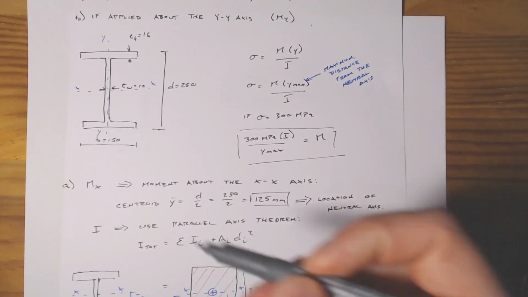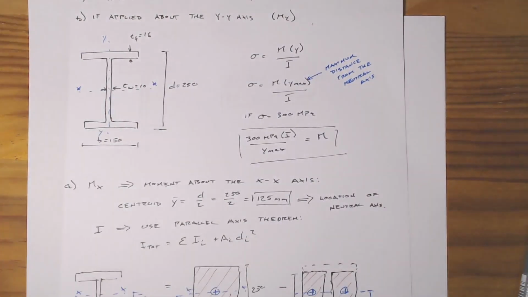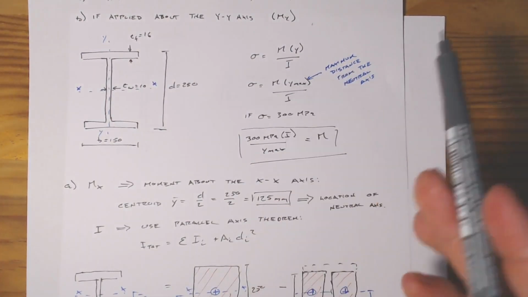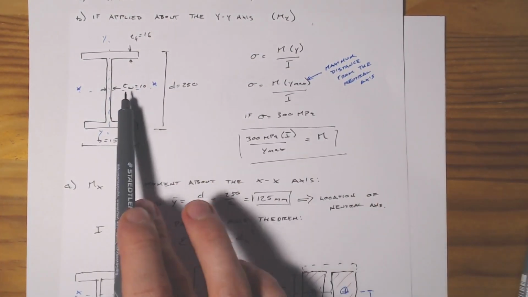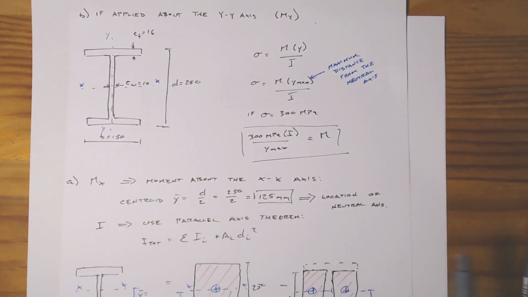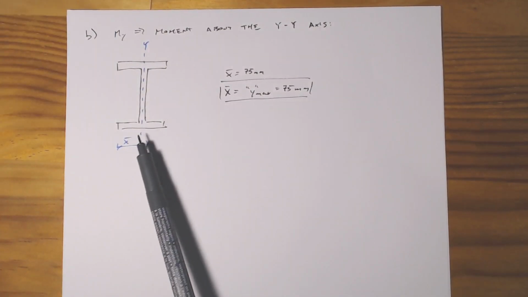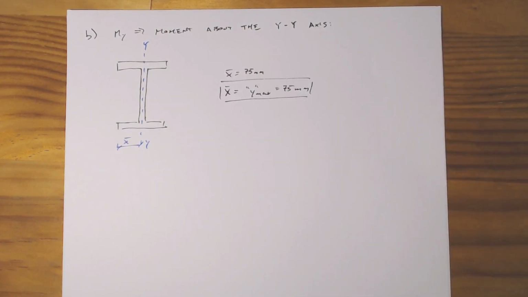However, there's nothing to say it doesn't also hold true bending about the opposite direction. So we could call this x max, but y is really just whatever distance away from the neutral axis you are bending about. Because we're bending about the y-axis, it's going to be the maximum distance away from there, and that's going to be 75 millimeters.